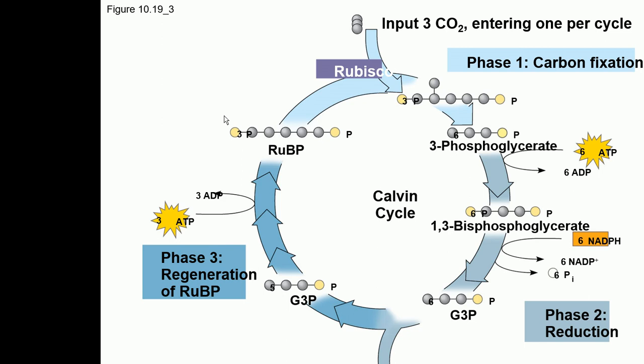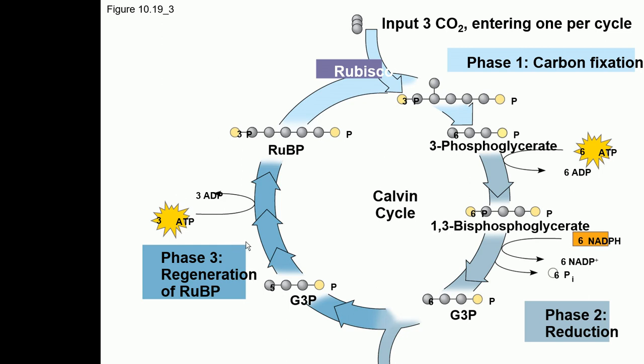RuBP is that 5 carbon compound which is there in the stroma all the time, and it is regenerated from glyceraldehyde 3-phosphate.